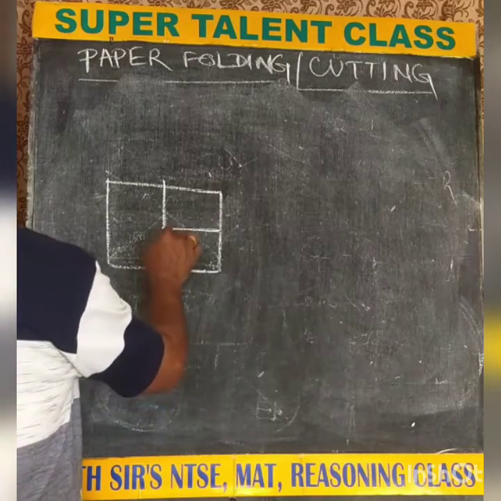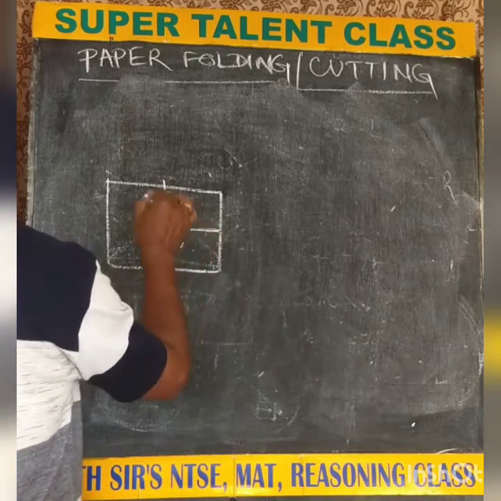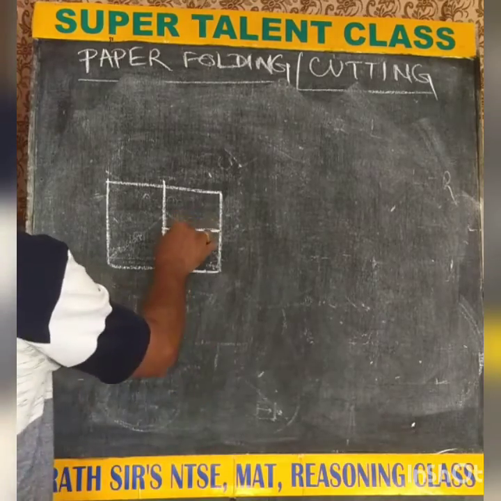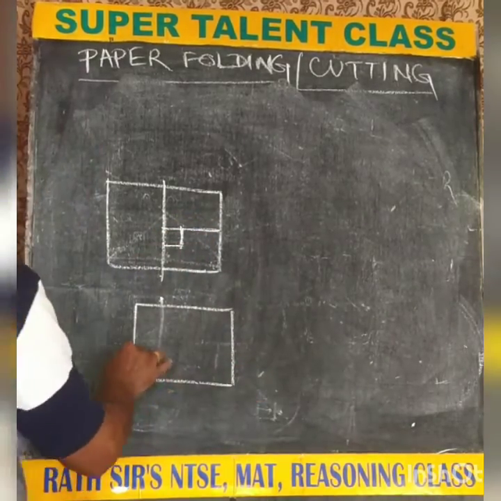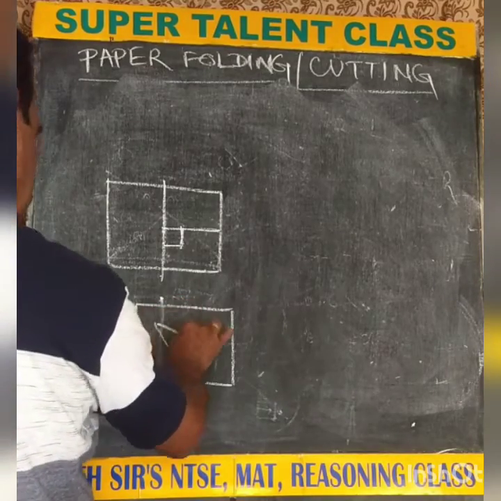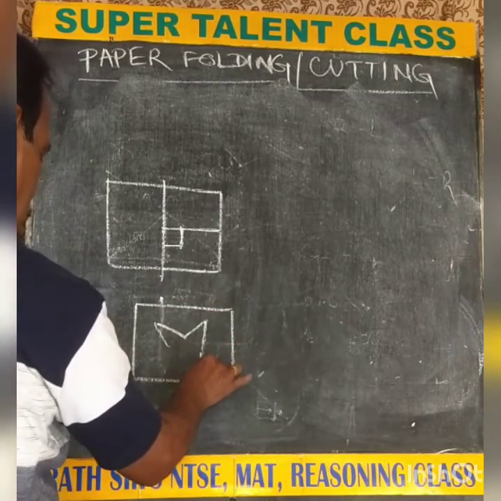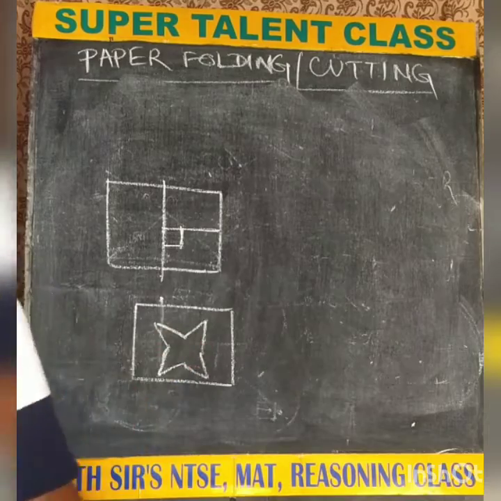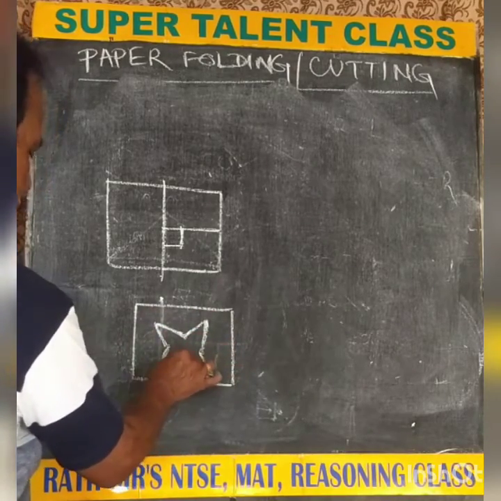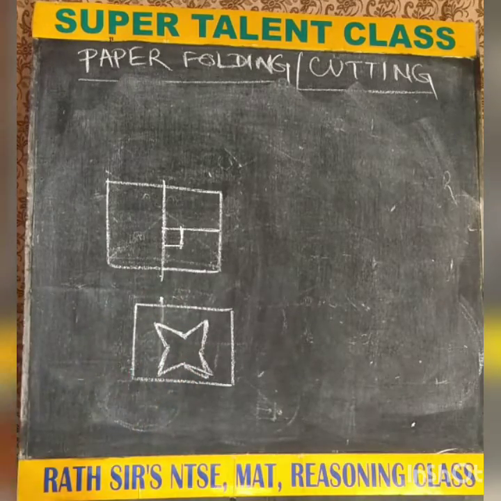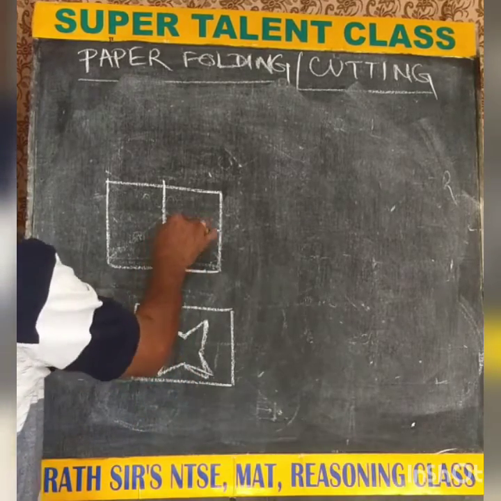Suppose here are these positions. So these positions, when you unfold it, क्या आएगा देखो? When unfolded, this position क्या देखो? It will be like this. Look. I fold it and cut it, you get only these positions, that is one.